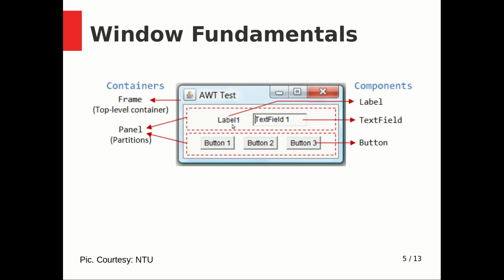This panel contains a label or a static text and a text field, and this panel also contains three different command buttons. The difference between a panel and a frame is that a frame contains a title and some other button controls, but the panel doesn't have any of these.